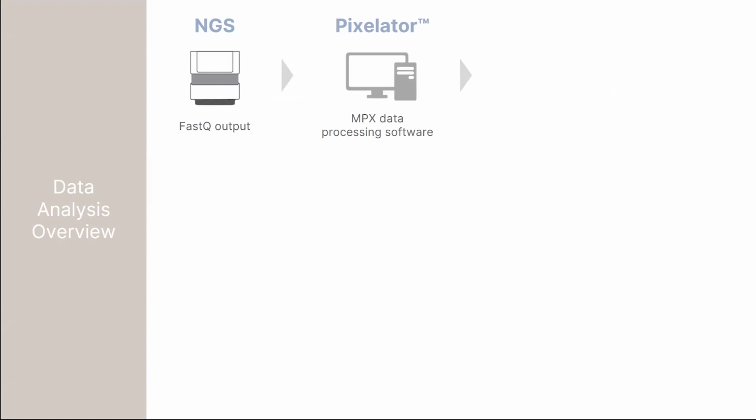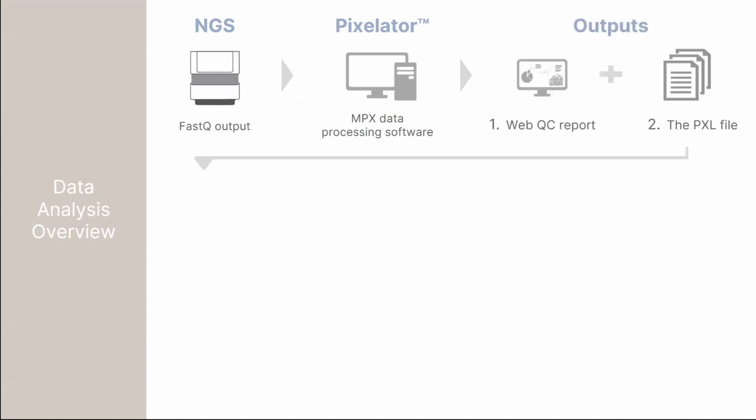So it's going to filter the reads, it's going to do some of this analysis, and it's going to put it in the correct format. And the output from Pixelator, there are 2 outputs. The first one is a web QC report. It's going to tell you, was the sequence deep enough? Is this run successful, basically, all of those details.